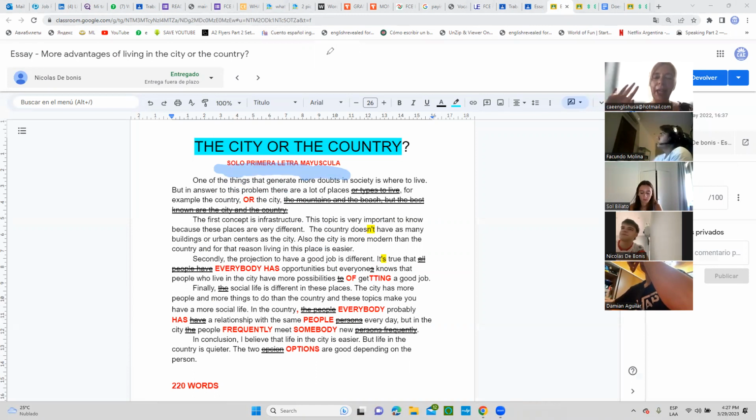The first letter in the capital letter, but articles, the articles a and the, and linking words and, but, so, and or do not go in capital letters. Okay? So one of the things that generate more doubts in society is where to live. Here, I didn't correct it, but here we have to put generates.